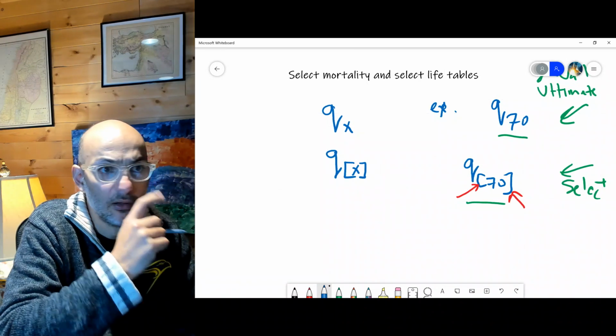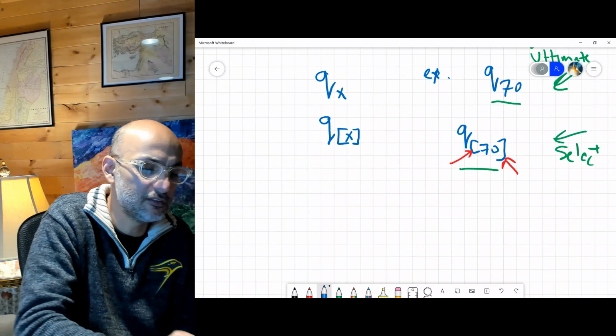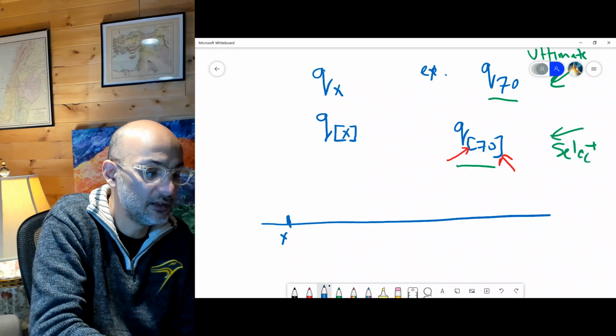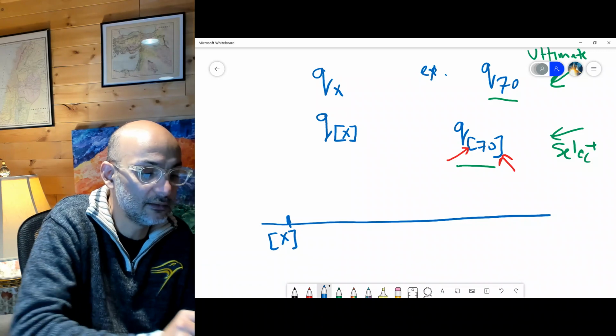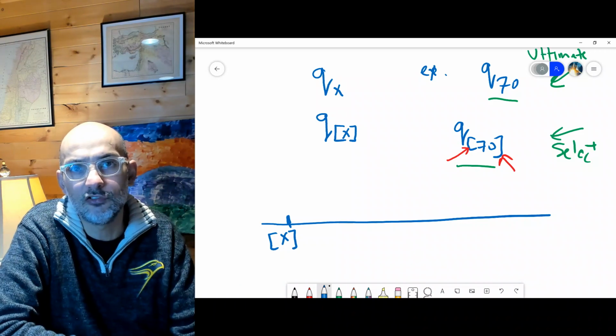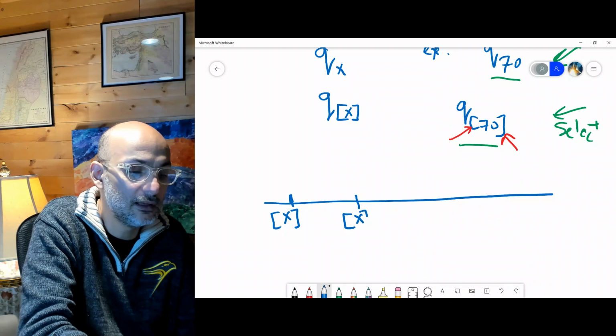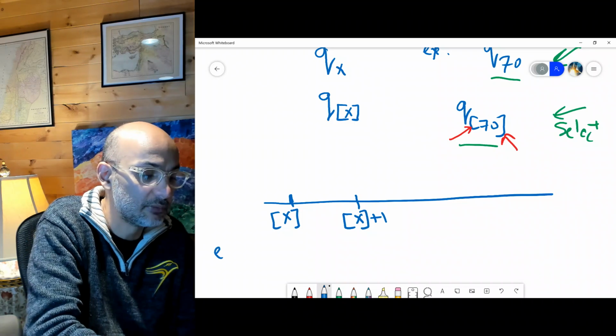Let's visualize it. Let's say we have an individual. When we see brackets, it's at age x that the individual was issued the insurance. Next year, we will not write x plus 1 in the brackets, but we keep the x. Example, let's say 70.